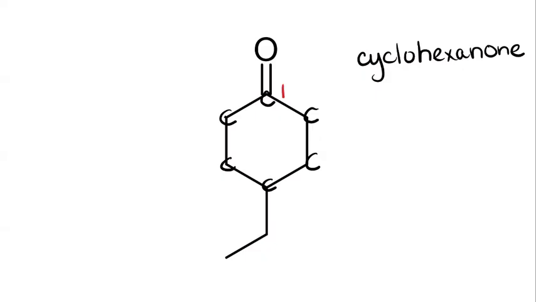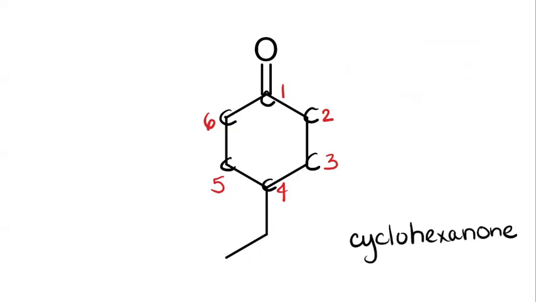Then you have to number the carbon atoms within the ring system to the lowest possible number for the substituents. So this is carbon 2, carbon 3, carbon 4, carbon 5, and carbon 6. We have one substituent in this molecule.